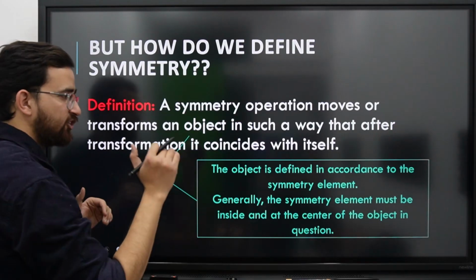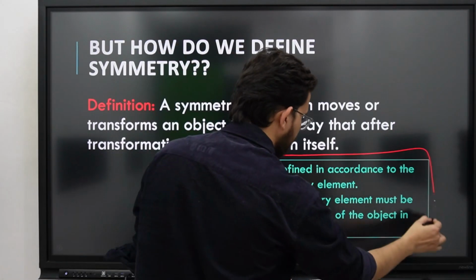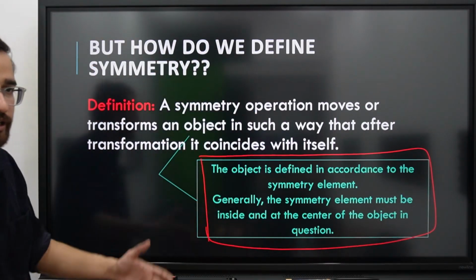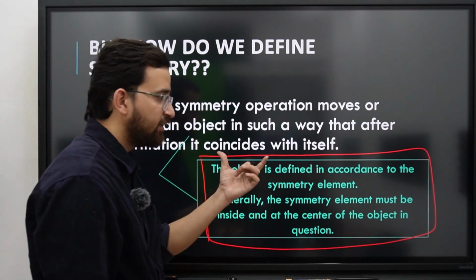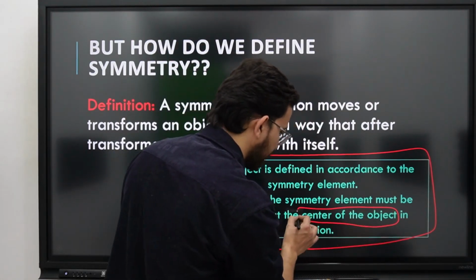Now, why is this definition of object important? Because in crystallography, the symmetry element is defined in such a manner that it passes through the center of the object.